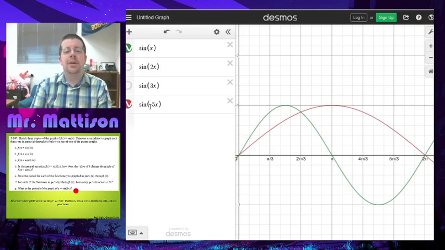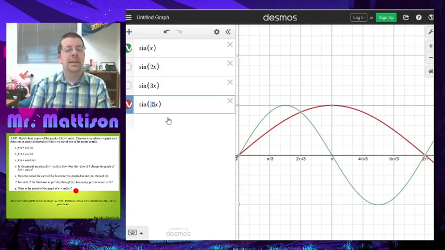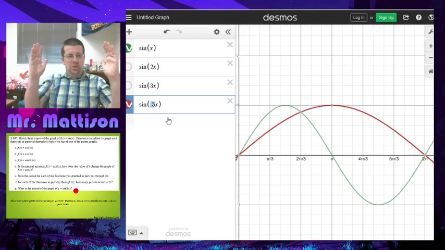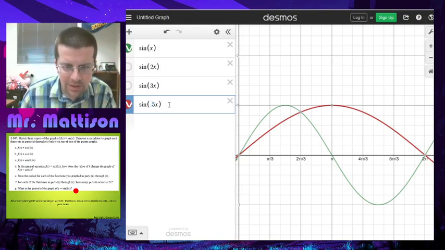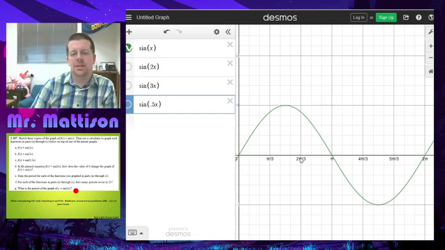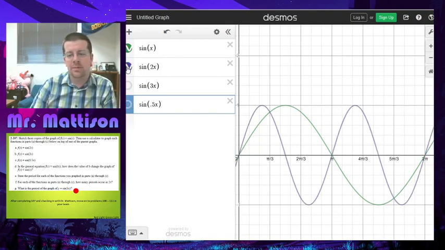This b parameter which we have is going to always be the number of cycles in our base 2 pi period. Right? So we can then use that and say, well, how is that going to tell us what the period is? Well, here my period is pi. I want you to also remember that 2 pi over 2 is equivalent to pi.